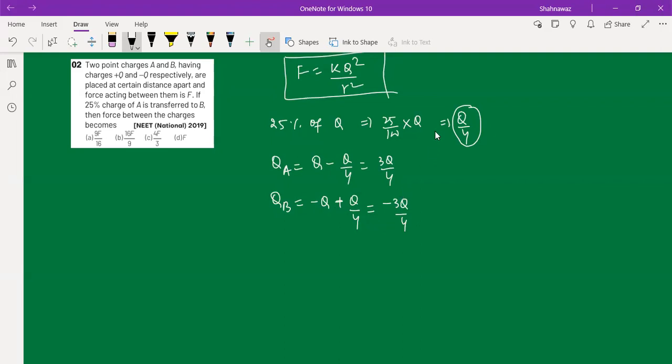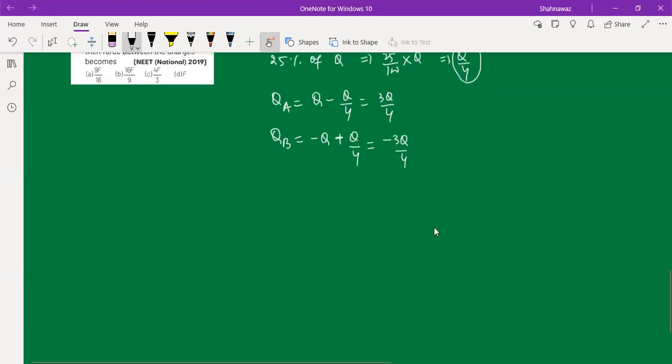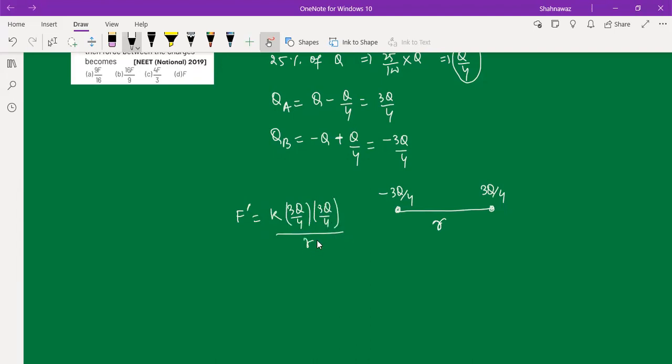So the new charges are 3Q by 4 and 3Q by 4 in magnitude, and the separation is R. So what would be the new force? This would be K times 3Q by 4 and 3Q by 4 over R square.